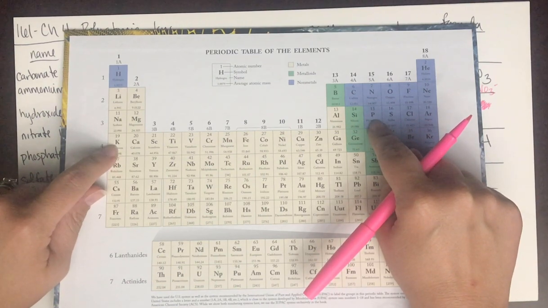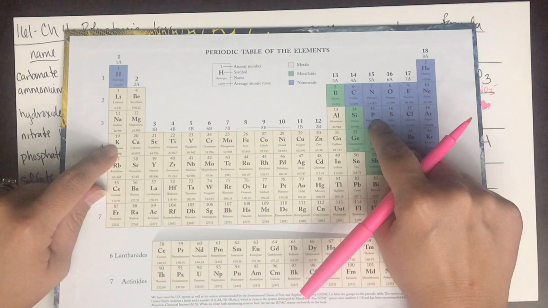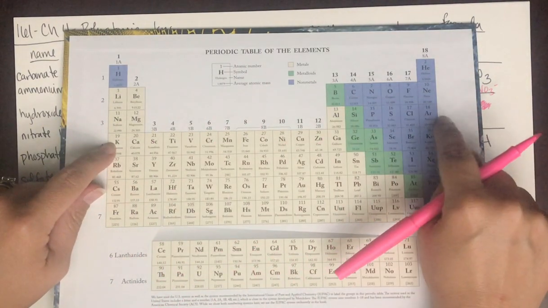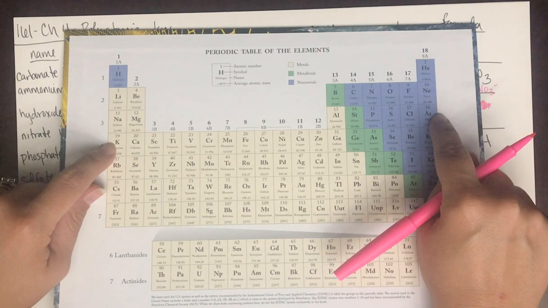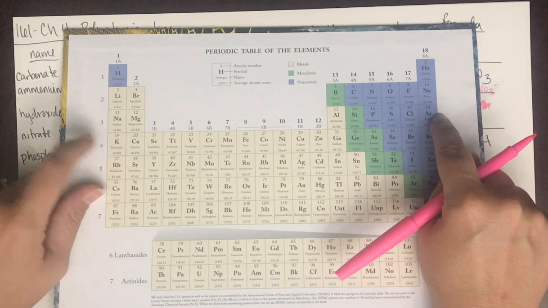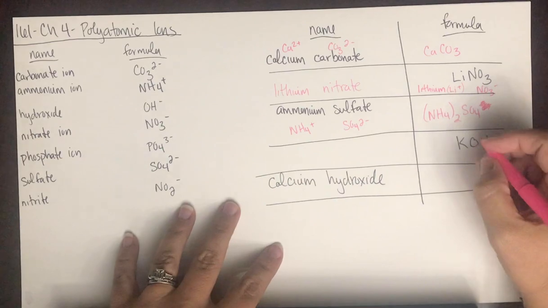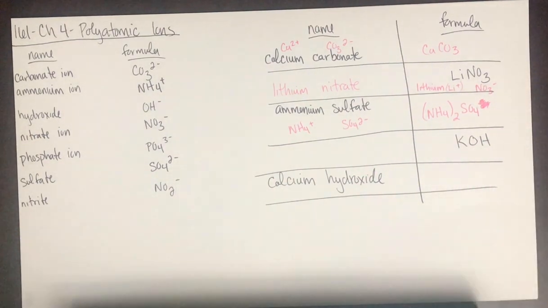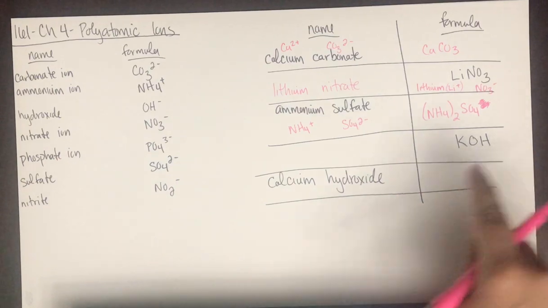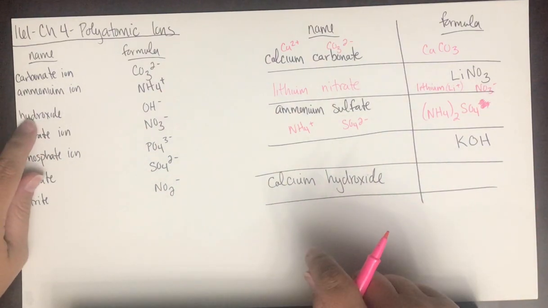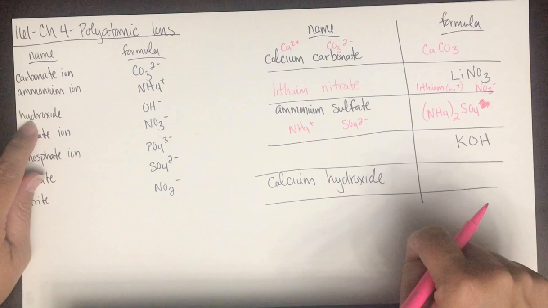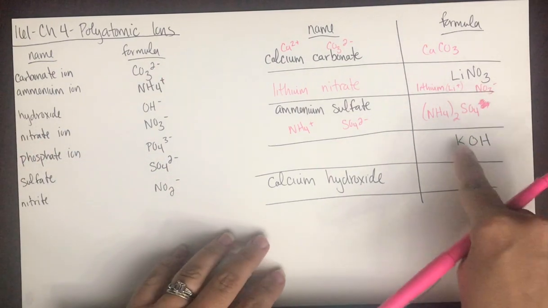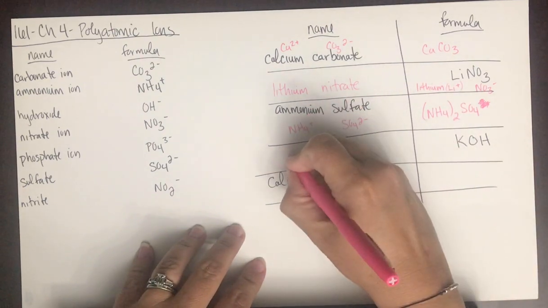Remember that potassium is K, phosphorus is P. So K is potassium. It's number 19. It wants to be like its nearest noble gas, argon, which is 18, which means potassium is going to be +1. And it's with hydroxide, OH. So OH is hydroxide, and that has a charge of -1. So +1, -1, so this is called potassium hydroxide.